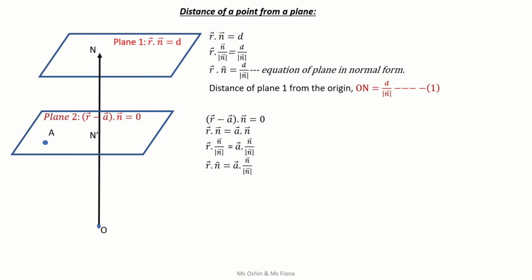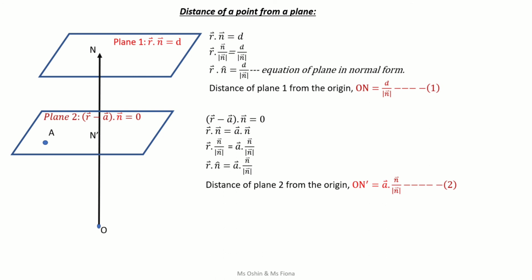We obtain vector r dot n cap is equal to vector a dot n vector divided by magnitude of n vector, which is the equation of the plane in normal form. Now this equation implies that the distance of plane 2 from the origin is vector a dot n vector divided by magnitude of n vector.